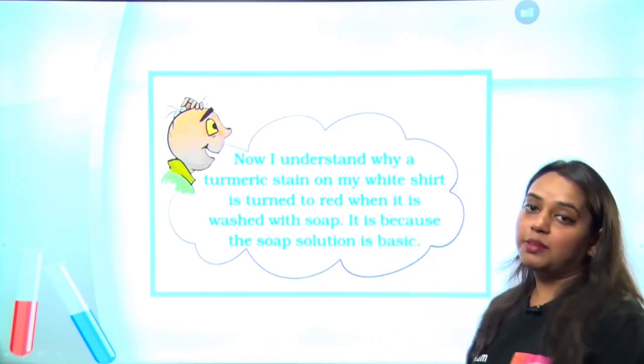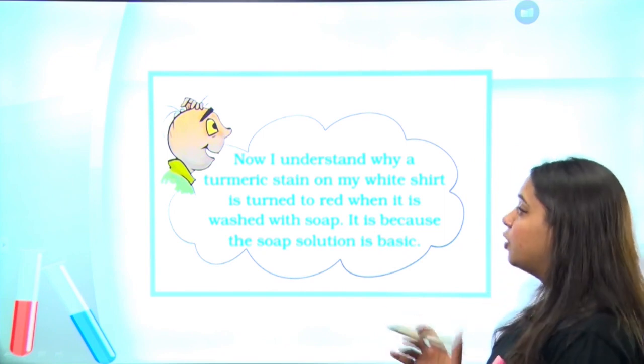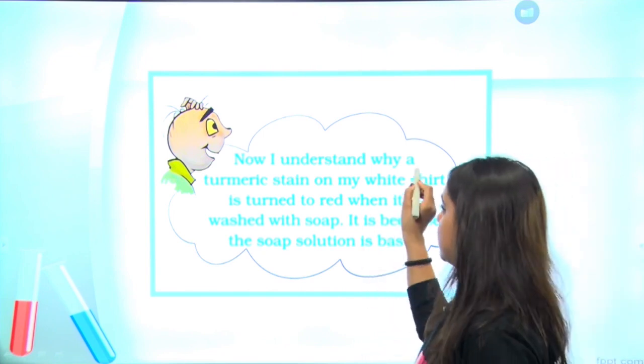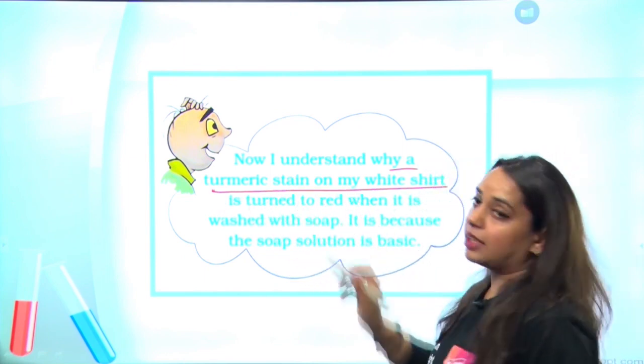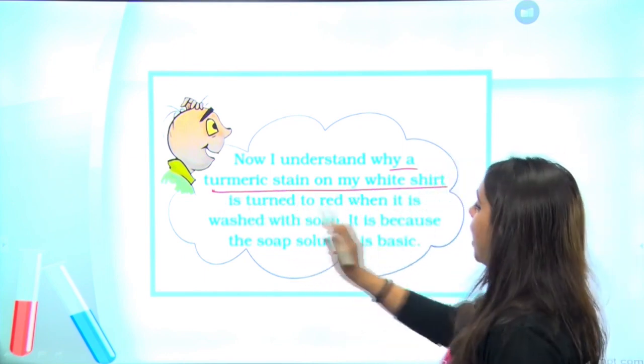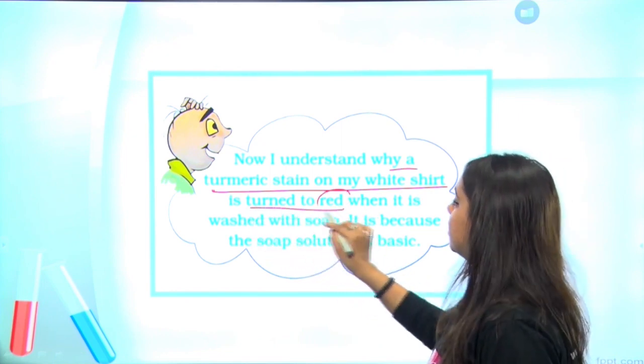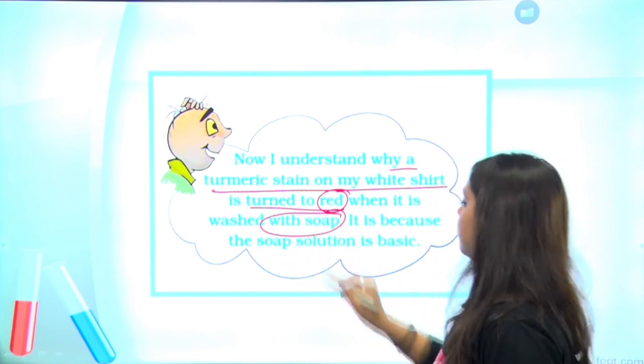We have our friend Bujo and he is telling you something that now he understands why the turmeric stain on his white shirt turned to red color when it was washed with soap. Why?